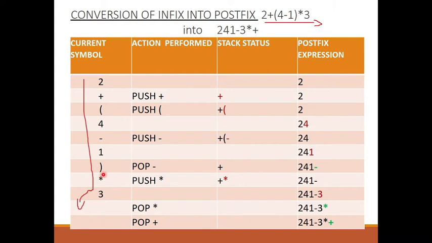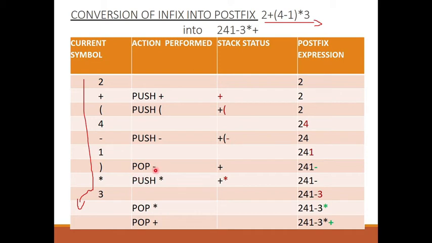Close parenthesis. Now, at this stage, when we have a close parenthesis, the operators inside are popped. The previous content of the stack was plus, open parenthesis, then minus. Now we have a close parenthesis, so we'll be popping the minus, which is on the top of the stack, right?